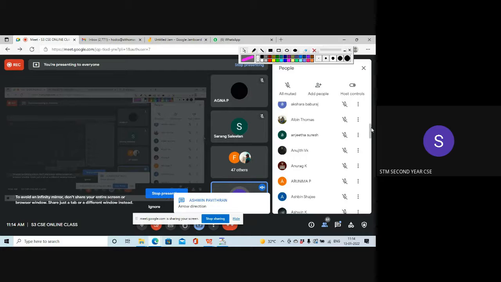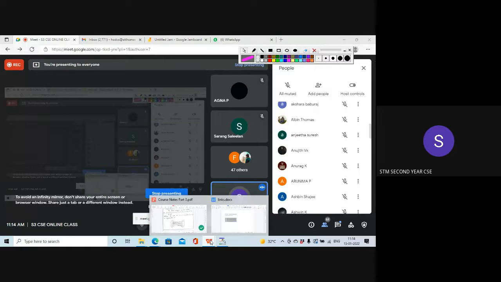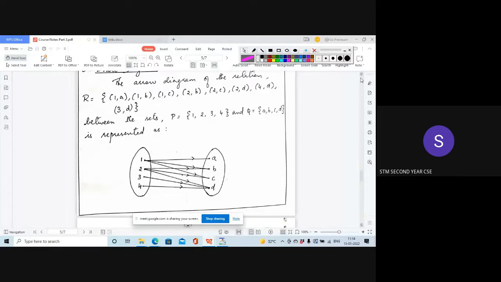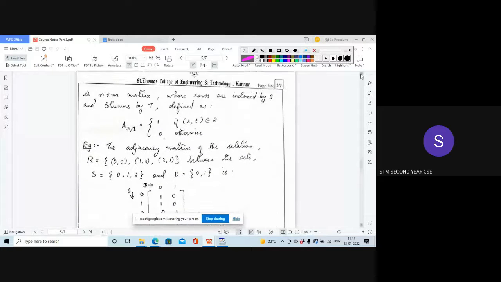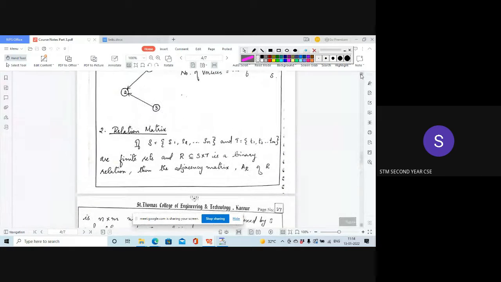Arrow diagram was the third method, Ashwin. What was the second method you forgot? So you are not writing it down. The second method was relation matrix or adjacency matrix.